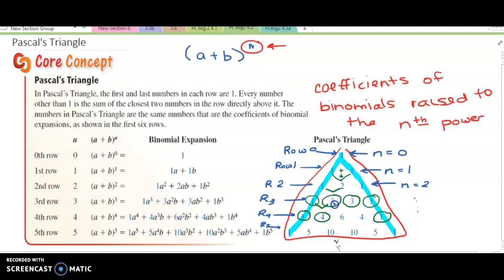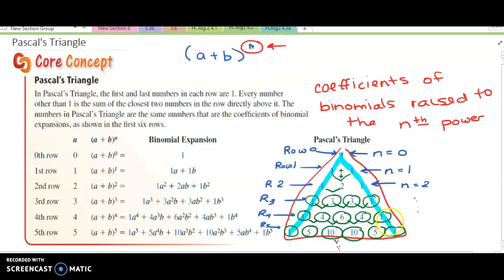The 6 is 3 plus 3. And then the 4 is 3 plus 1. Then for row 5, we start with 1 and 1, and then 1 and 4 make 5, 4 plus 6 make 10, 6 plus 4 make 10, 4 plus 1 makes 5.